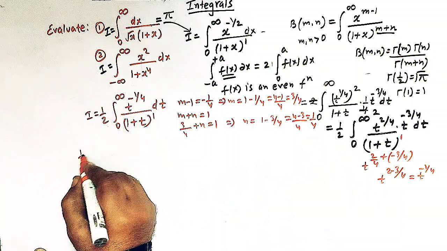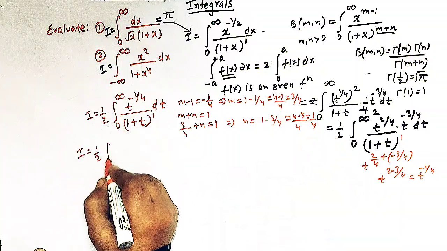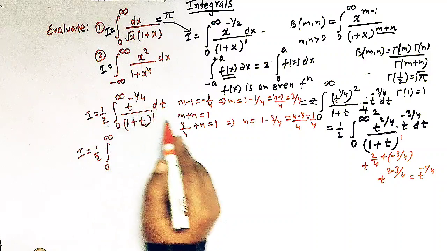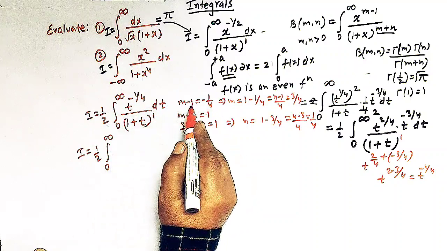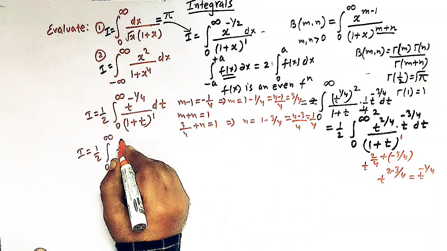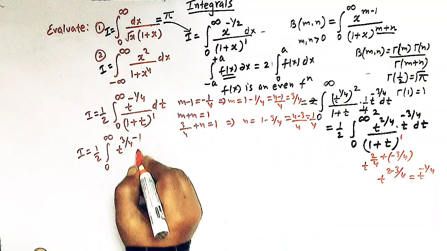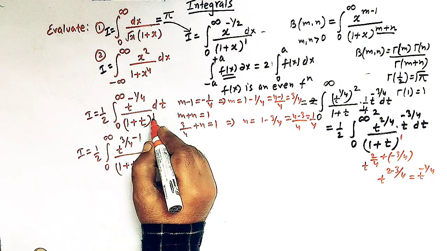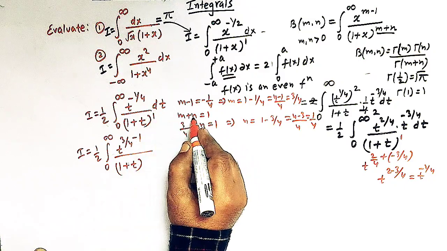So now we can write I is equal to half integral 0 to infinity t raised to minus 1 over 4 can be written as m minus 1. M is 3 by 4, so we can now write t raised to 3 by 4 minus 1 and 1 plus t raised to 1. 1 is m plus n.